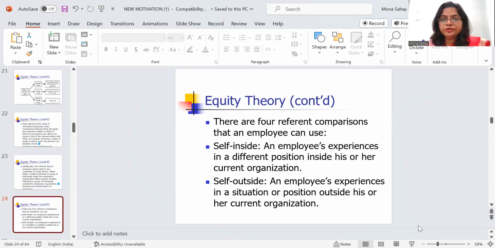Now, we can take a recent example of the news that we have come across of the farmers' protest. Isn't this also a comparison? Isn't this about equity? So they are comparing their own position that existed earlier than their present situation. So this is again a comparison.